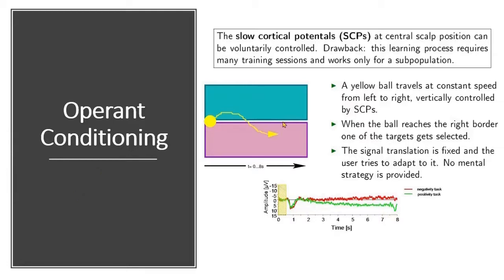In this specific example, the training is based on a similar paradigm called neurofeedback. You sit in front of a computer. This is the monitor, and you have your EEG or some brain data acquisition system attached to your scalp, non-invasively. Your task will be to control this ball up and down. The yellow ball travels at a constant speed from left to right, and your task is just to control up and down.